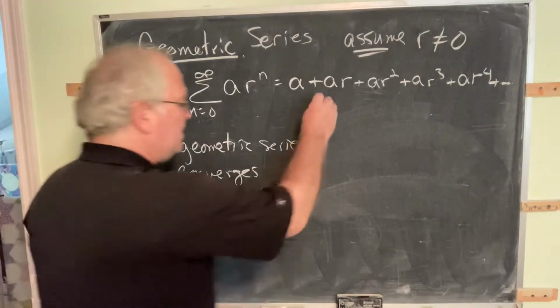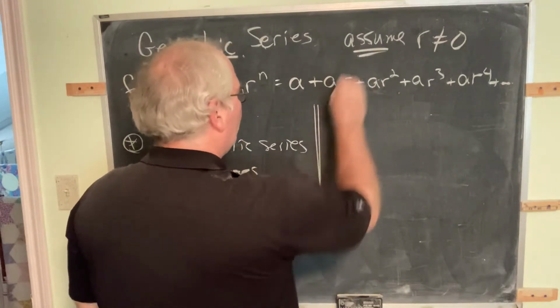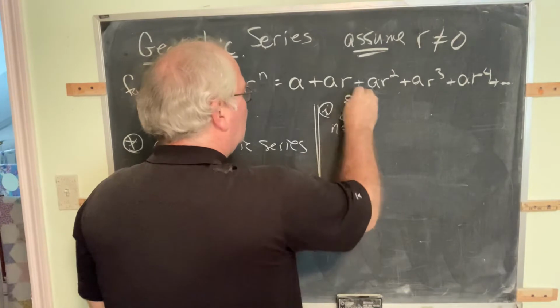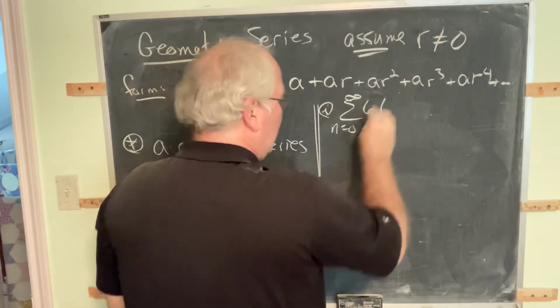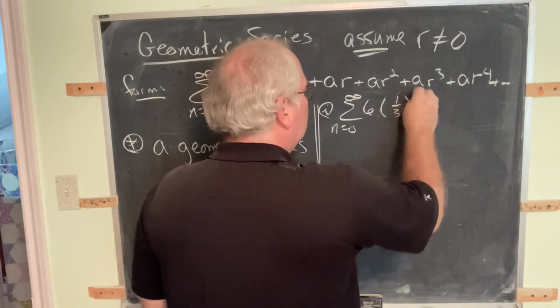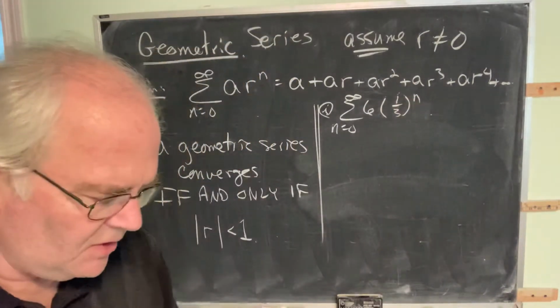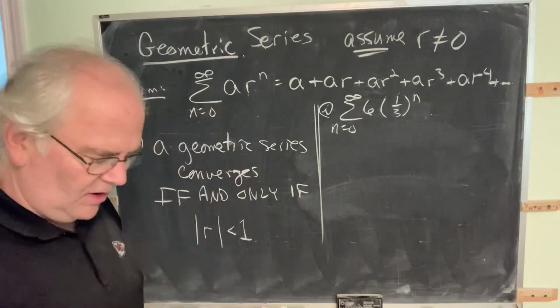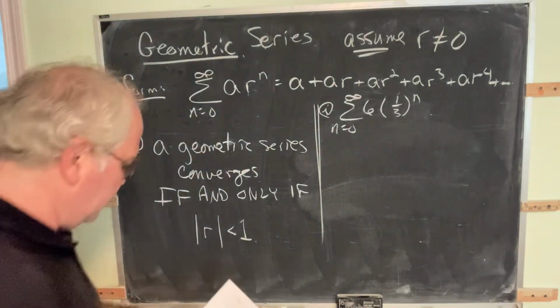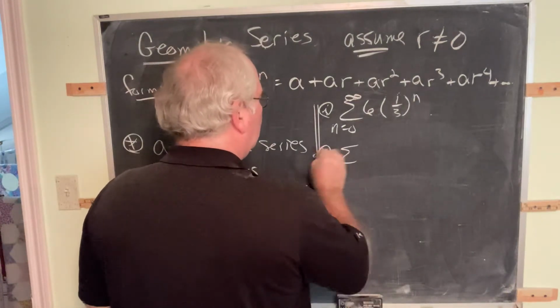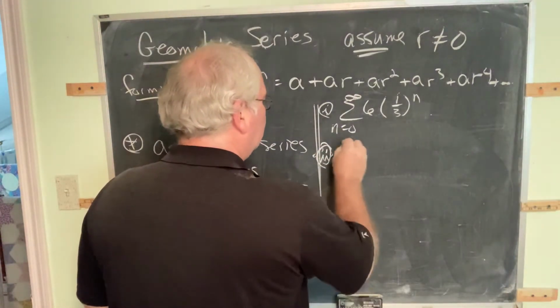So let's do some specific cases here. If I have 6 times 1/3 to the n, that is a geometric series. A is 6, r is 1/3. What are some other little examples here? We have n equals 0 to infinity.